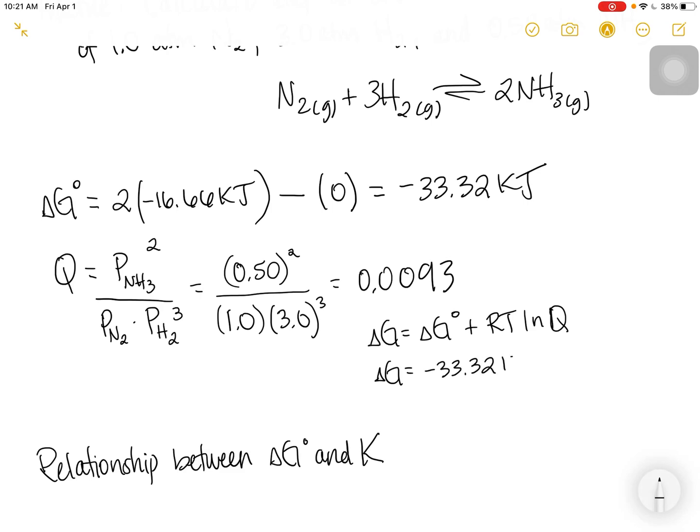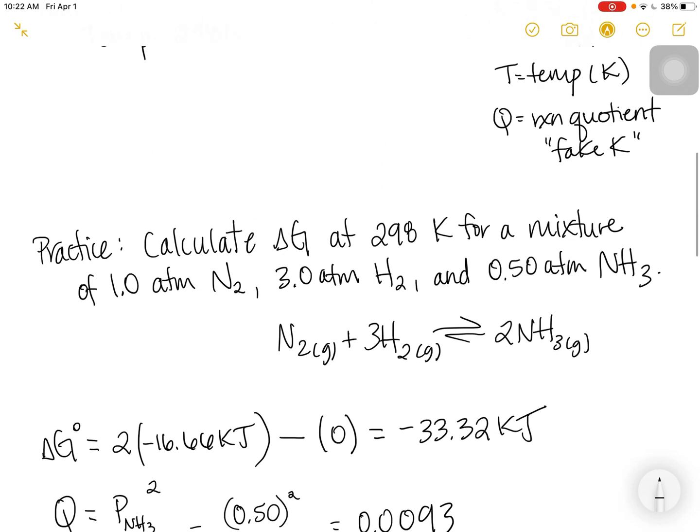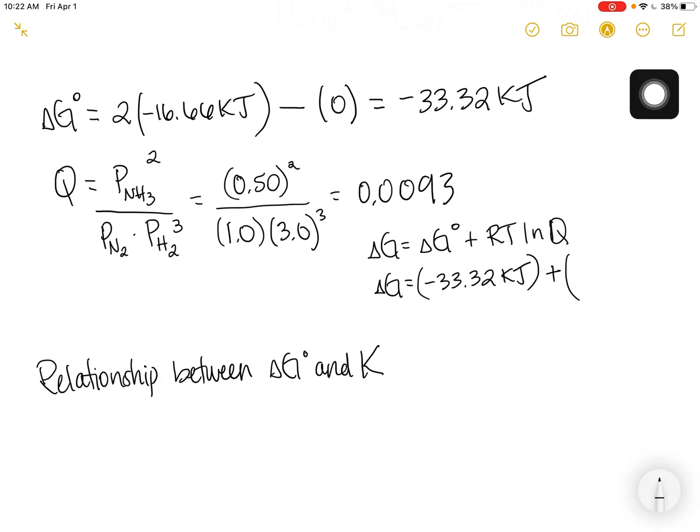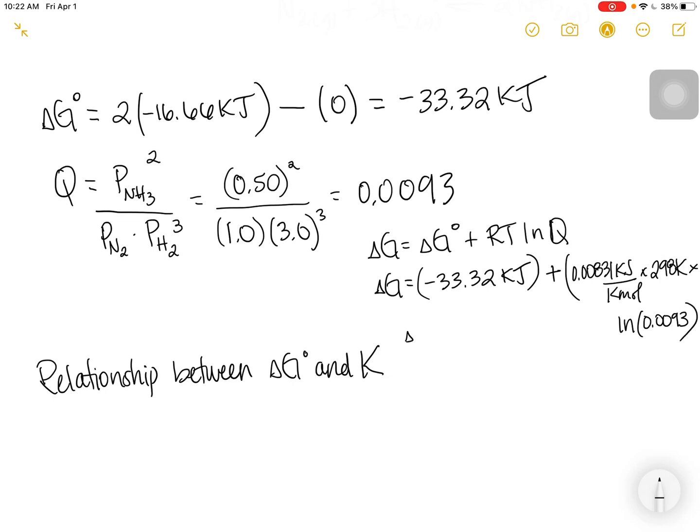Delta G at standard conditions is negative 33.32 kilojoules, plus RT times the natural log of Q. Careful with your R here. I gave you R in joules, but we are dealing with delta G in kilojoules, so I would change that. So this is kilojoules per Kelvin mole, times T, 298, times the natural log of Q, which I just determined.